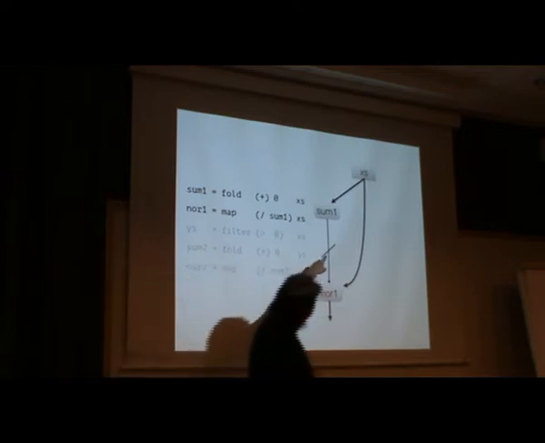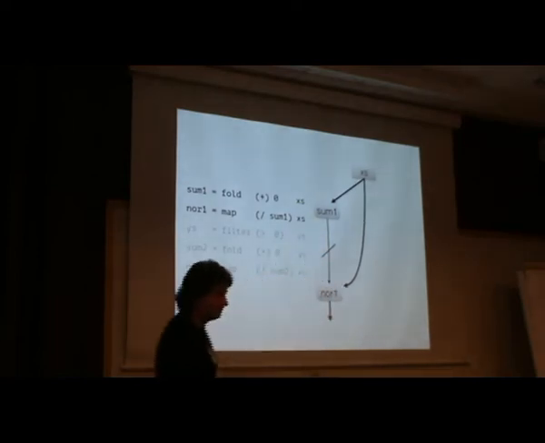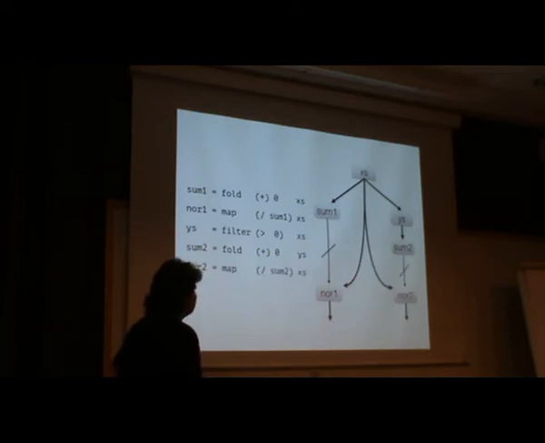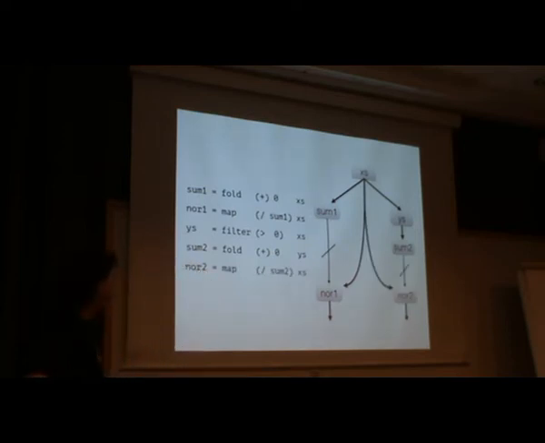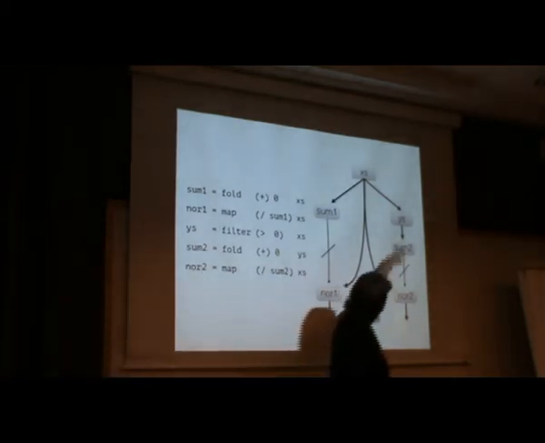So this is a fusion preventing edge. No fusion is possible between these two. And we continue doing this, adding nodes for each combinator, and we end up with a pretty plausible looking graph. We've got another fusion preventing edge here.